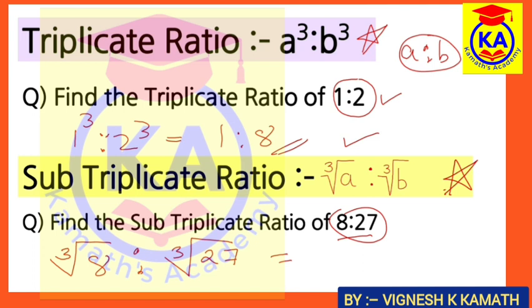Now 2 cube is 8, and 3 cube is 27. The cube root of 8 is 2 and the cube root of 27 is 3. So the answer is 2 is to 3. I hope you are clear with the subtriplicate ratio as well as triplicate ratio.